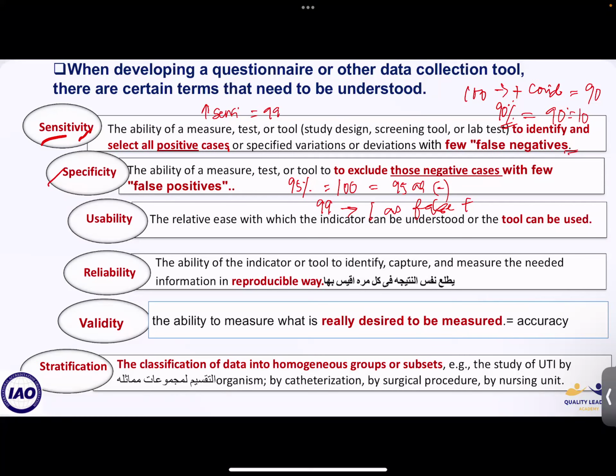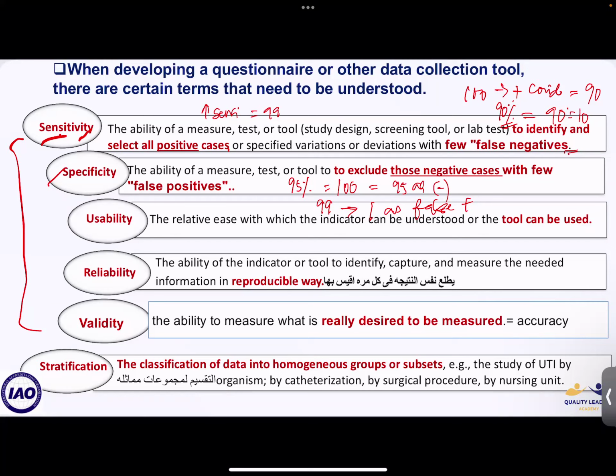Actually, I am talking about in general how to develop a questionnaire or others. So it must include all of these components on how to develop a questionnaire. You have to consider all of these components to make your questionnaire effective. Okay, you can continue, Doc.